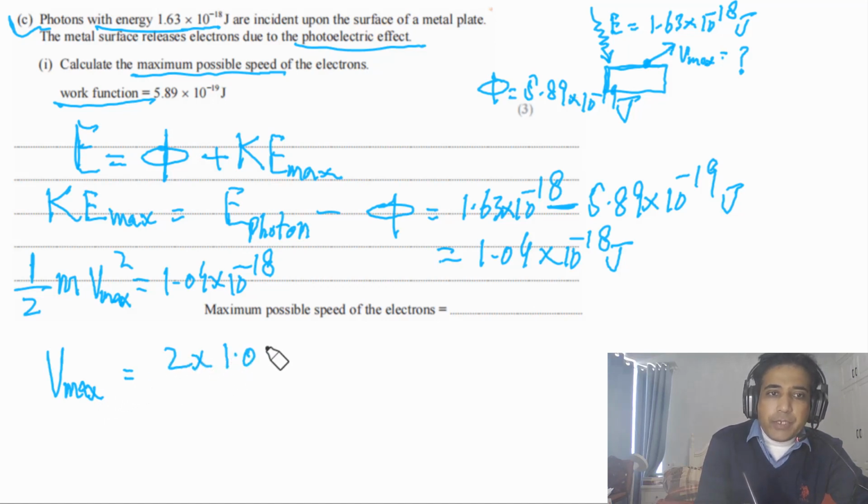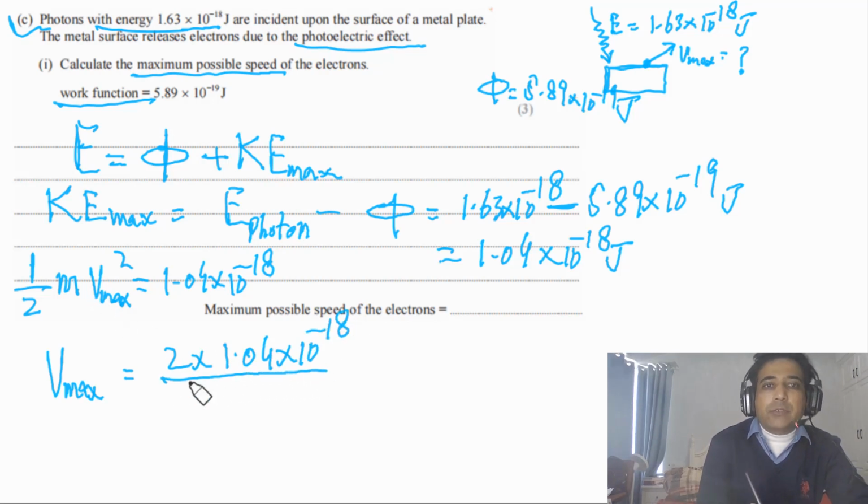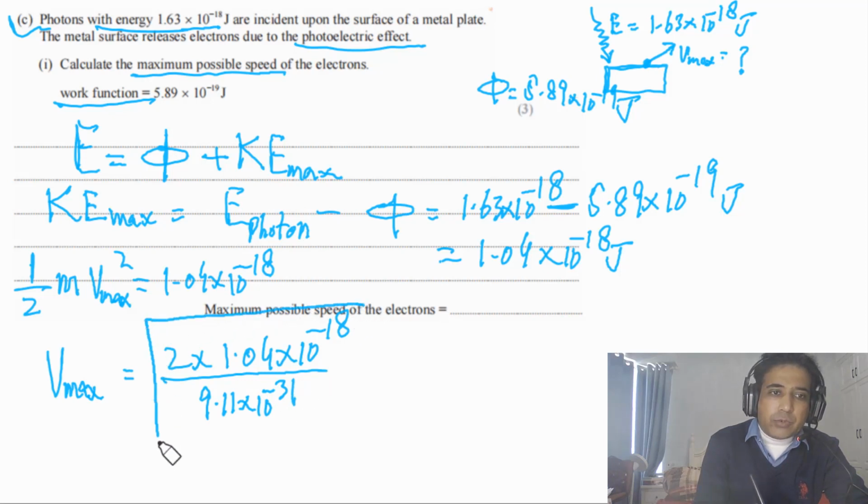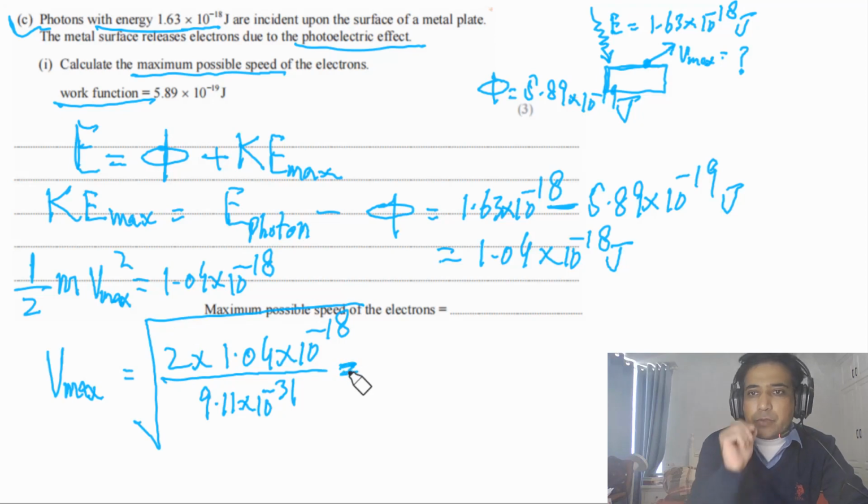So we have 2 times 1.04 times 10 to the minus 18, and we need to divide by the mass of the electron, which is 9.11 times 10 to the minus 31 kg. If we take the square root of this, we can find the maximum speed of the emitted photoelectron, and that will be equal to 1.5 times 10 to the 6 meters per second.